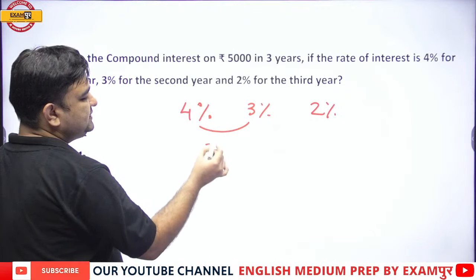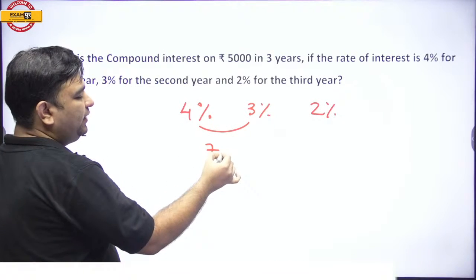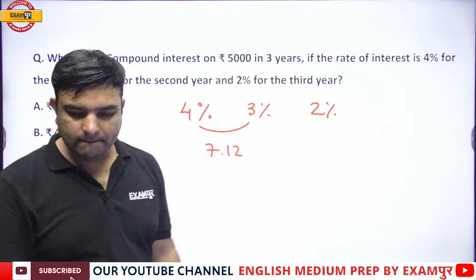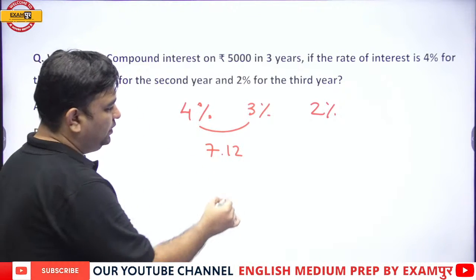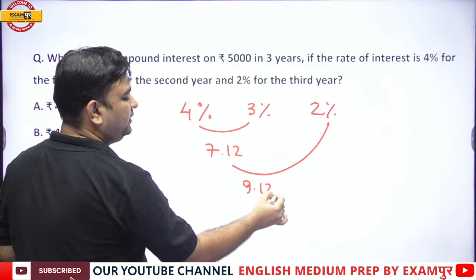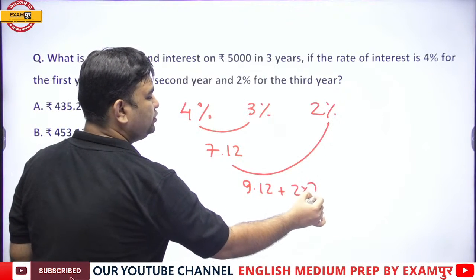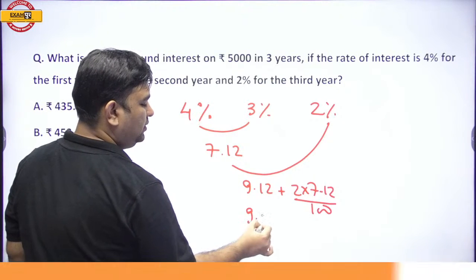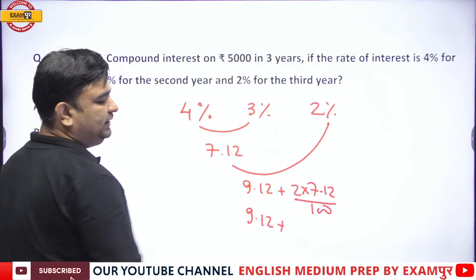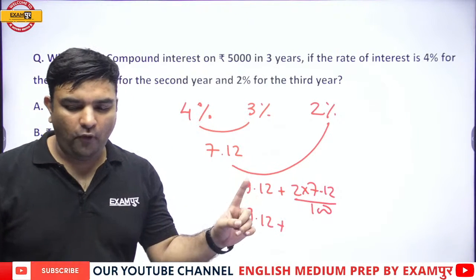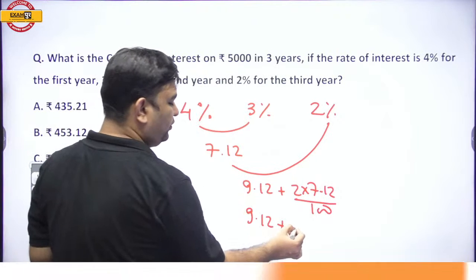Effective is 7.12. What is the effective? 9.12 plus 2 into 7.12 divided by 100 is 14.24. 14.24 divided by 100 is 0.14.